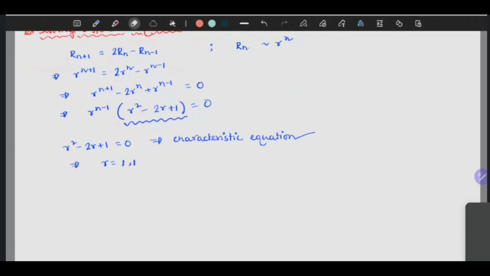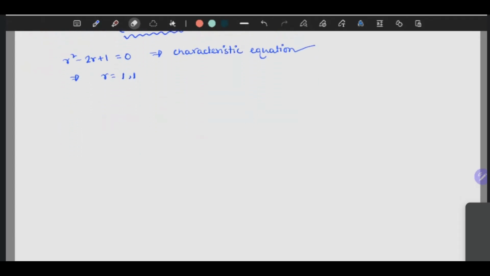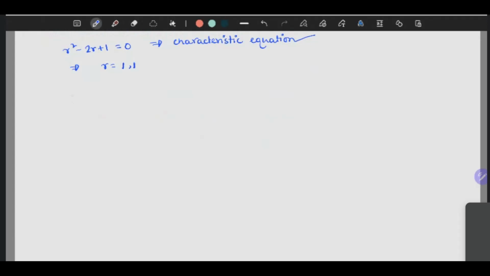But for a common case, let's say R_n plus alpha R_{n-1} plus beta R_{n-2} equal to 0. This is a homogeneous equation. So basically you can write this as r squared plus alpha r plus beta equal to 0.